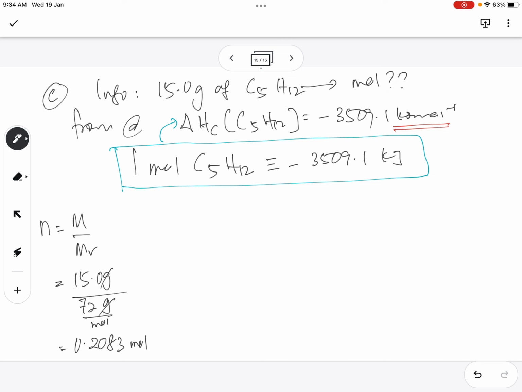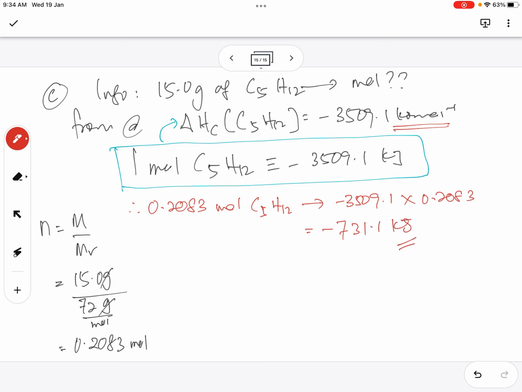So therefore 0.2083 mole C5H12 release minus 3509.1 multiplied by 0.2083, so I get minus 731.1 kilojoule. Dapat ke saya dapat nilai ni?